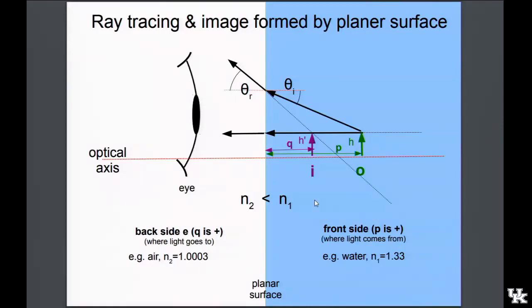Over here on the right-hand side, let's imagine that this is water in blue. And over here on the left-hand side, let's imagine that this is air in this white color here. And here's my eye, I'm looking at a fish in a fish tank.